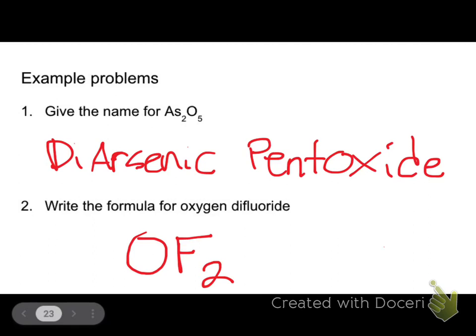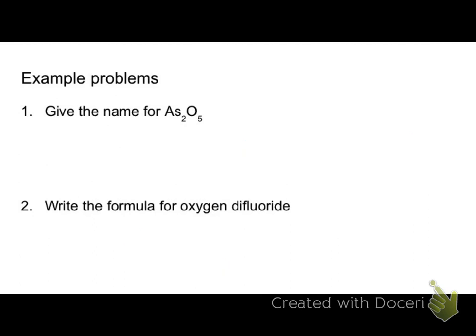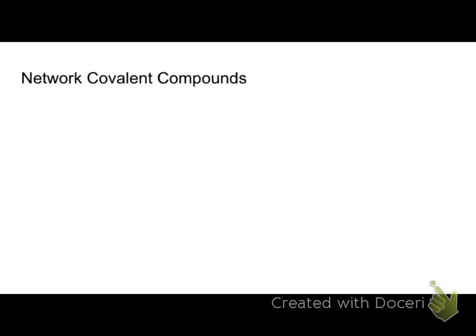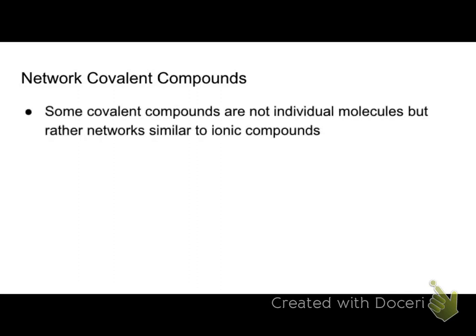All right. We've gotten through the naming. Now we're just going to talk a little bit about a couple of things. There's more information on both of these topics in your notes or in your book if you want to read about them. I'm just giving you a cursory view of them. Some covalent compounds are not individual molecules. Instead, they're networks, like ionic compounds are.